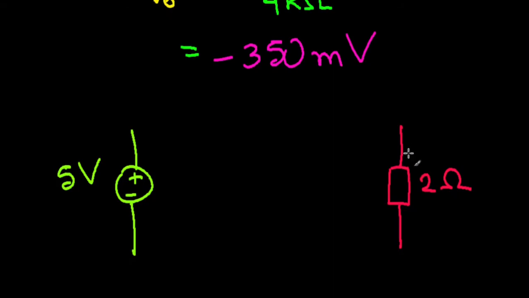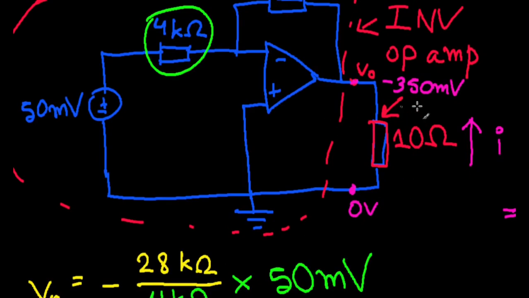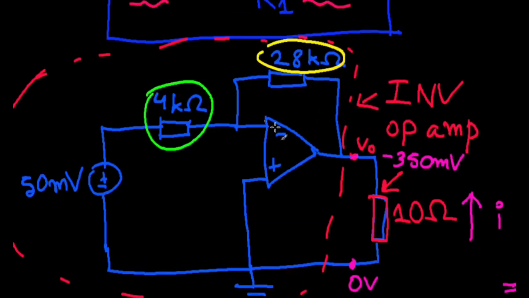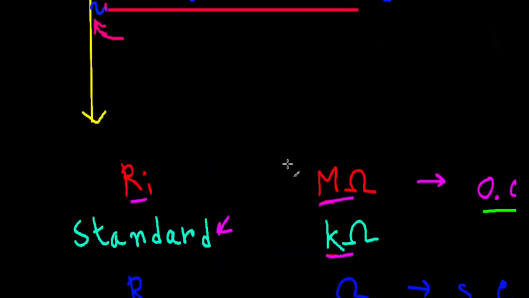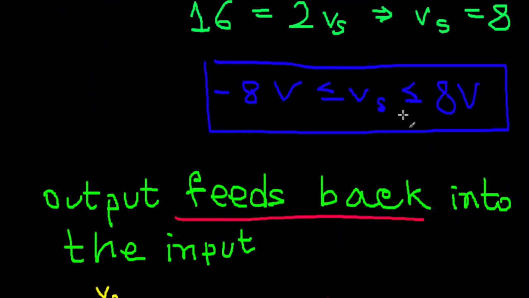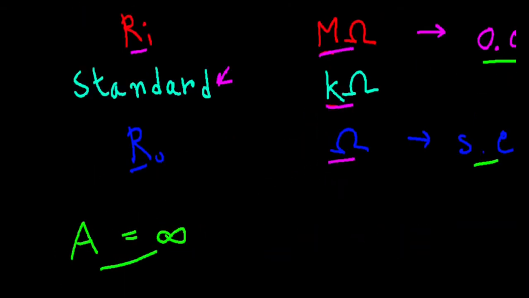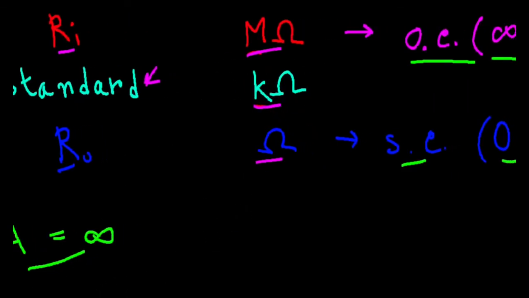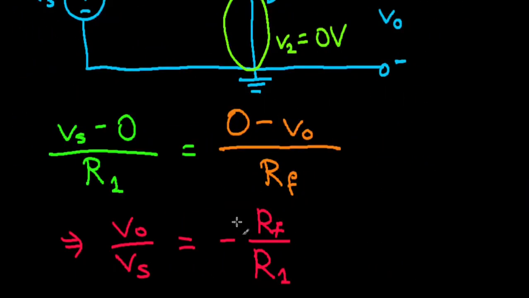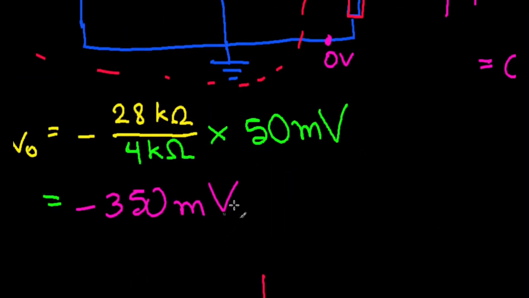Before moving on, I really need to clarify one thing. A lot of you might be thinking very deeply about op amps. If this thought came to your mind: when I came up with the ideal op amp assumptions, I assumed that the other resistances are in the kilo ohm scale, but you see that I'm using 10 ohms and 2 ohms here, so that's a contradiction, right?